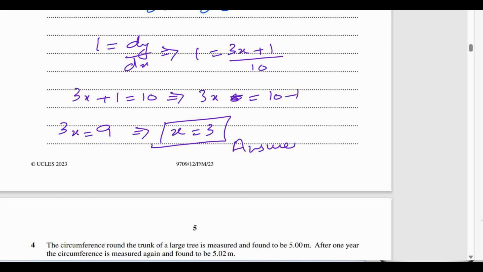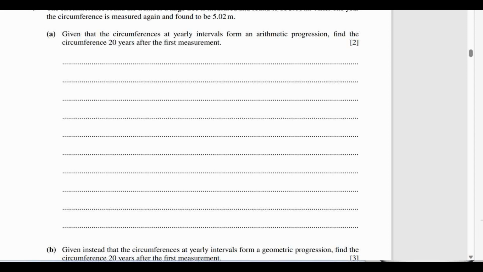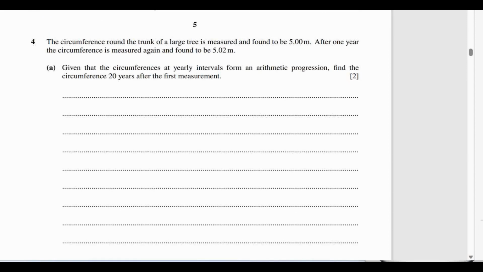I hope that the concept for this question is clear. Now let's move on to the next question. The circumference around the trunk of a large tree is measured and found to be 5.0. Let me highlight this point, that this will be 5.0 meters.